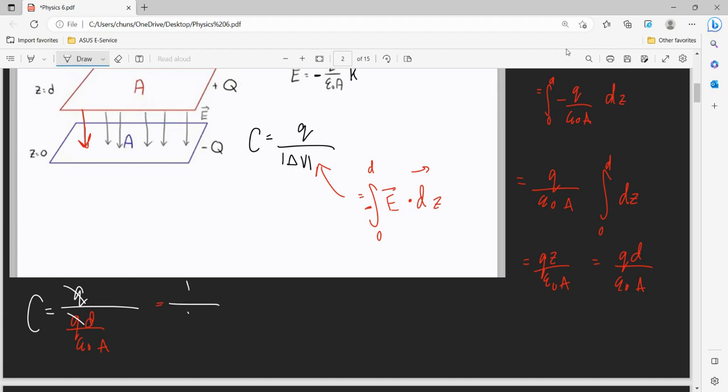This is 1 over d, and this is just a reciprocal, so let's flip it. And this is our final equation for capacitance of two parallel plates.